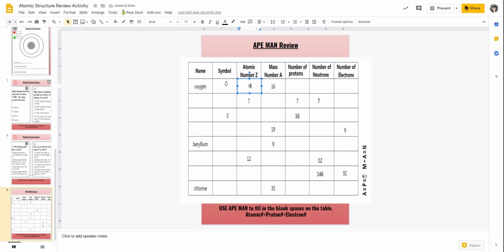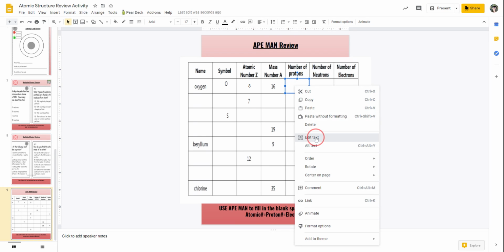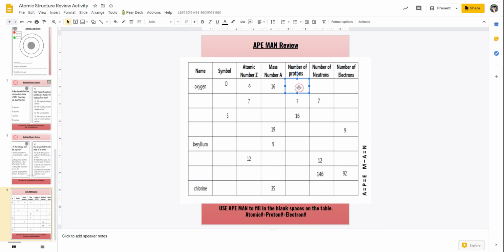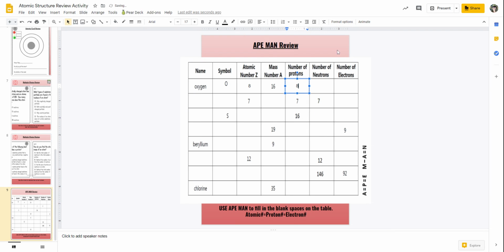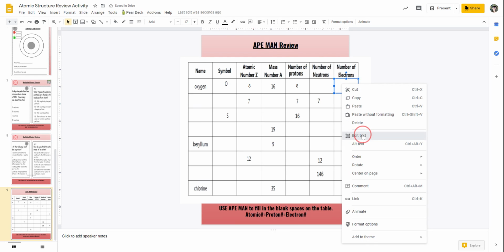Now, it has 8-man right here. It even has it down here at the bottom. So atomic number is equal to protons. Okay, so that means I can fill out the protons now. And I can also fill out the electrons. I can't fill out the neutrons yet.